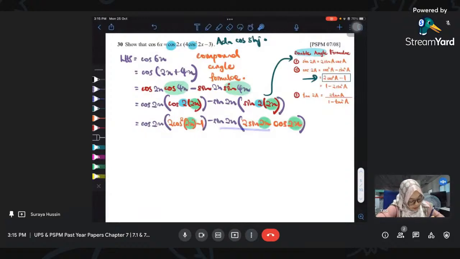Don't be afraid, just solve it first even though there is a sine on our right hand side. Don't be afraid. Just keep on swimming. Keep on writing.